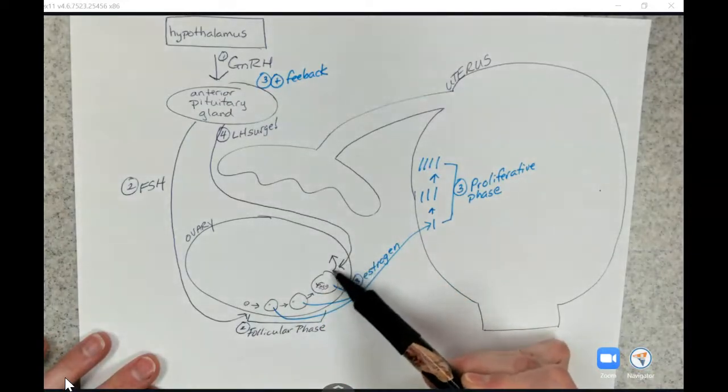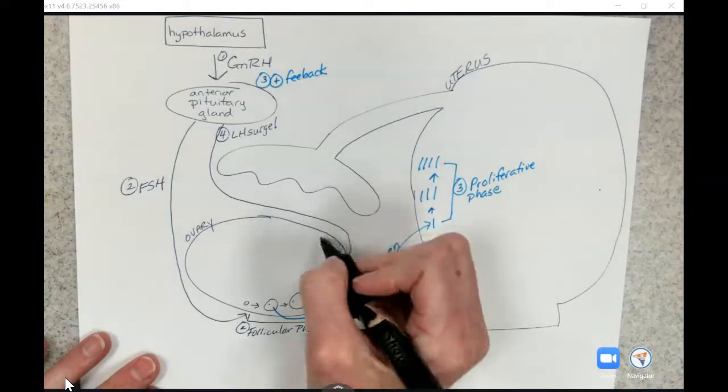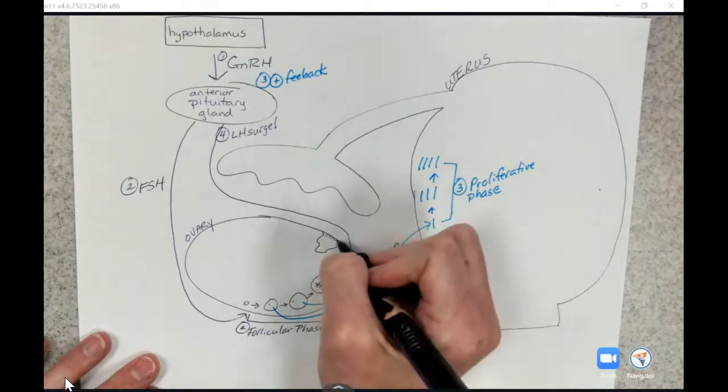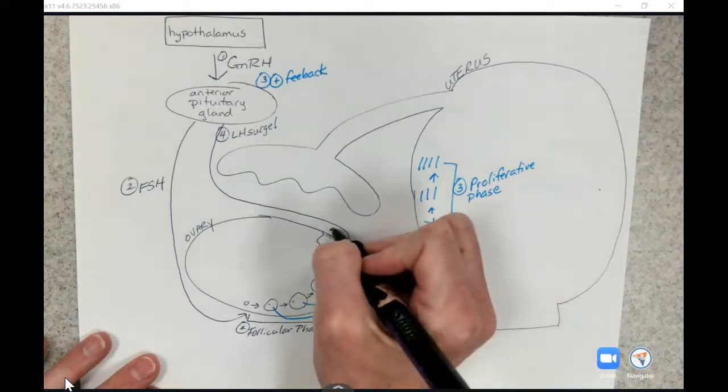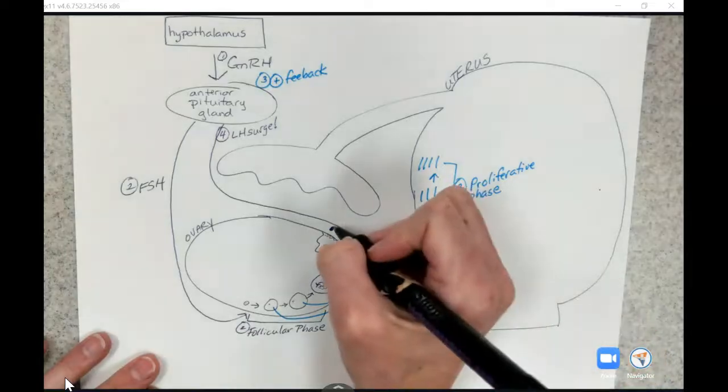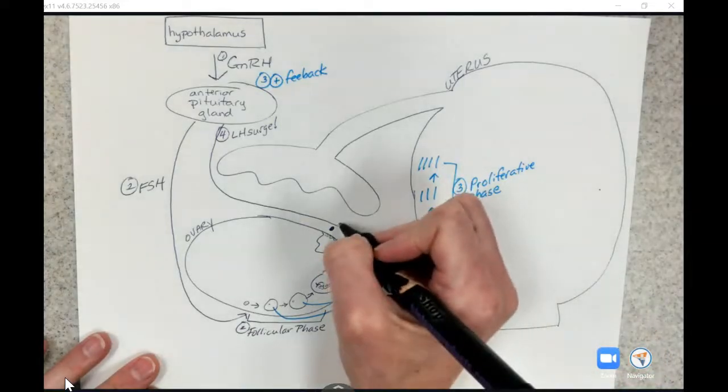I have it here because it's going to cause the follicle to rupture, and you're going to end up with, this is my little leftover follicle, and now you have this guy out here. The egg is out. This is actually a secondary oocyte.